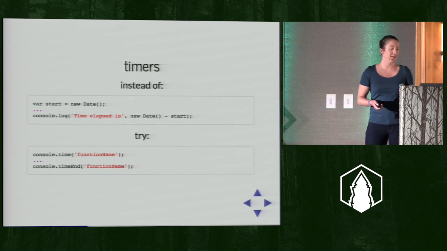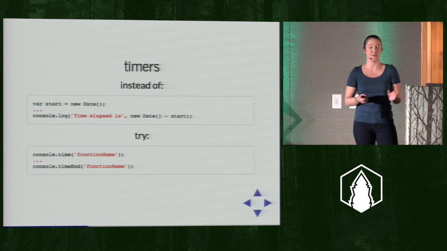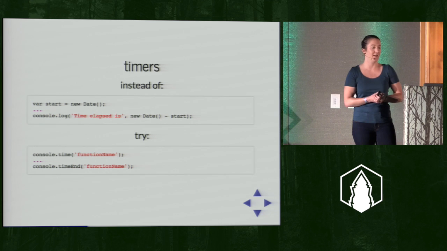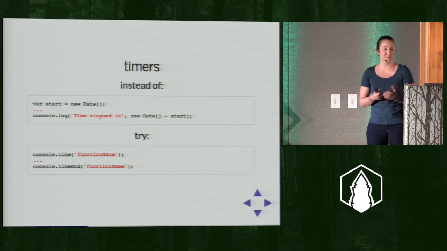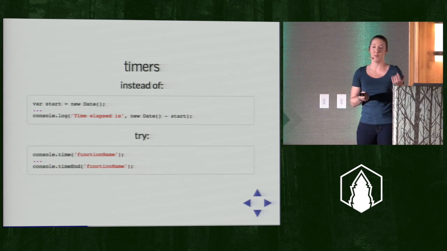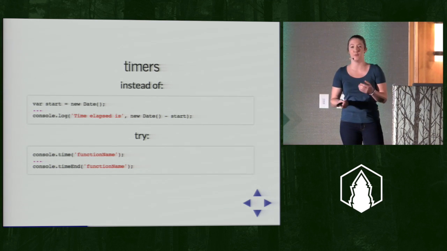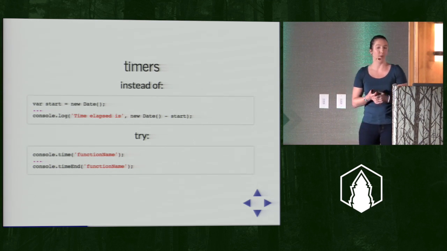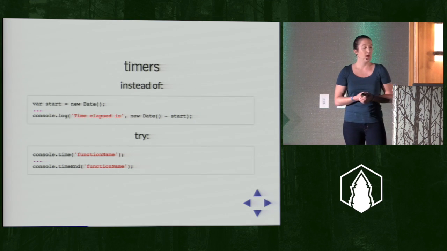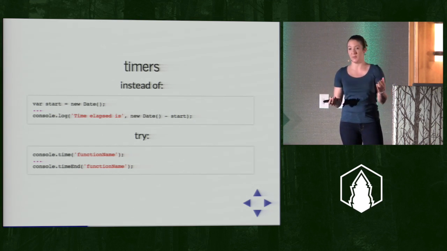So timers are a pretty obvious beginner technique for profiling performance, but that's not to say that it's not useful to talk about them a little bit, I think. I almost always now wrap a timer around the main render method in any visualization I'm working on, because the render method, which is where you're actually manipulating the DOM in response to the data or updating it, tends to be the most expensive part.